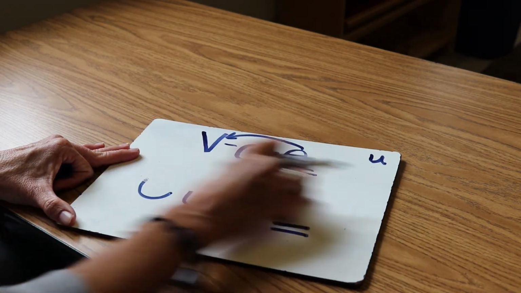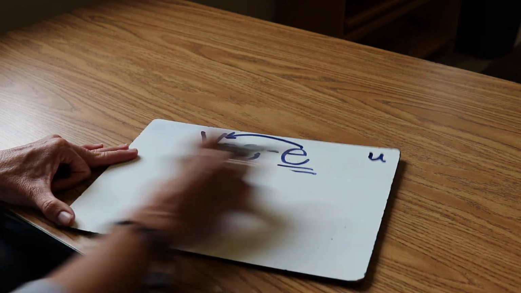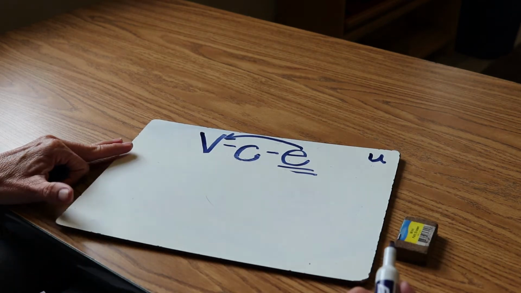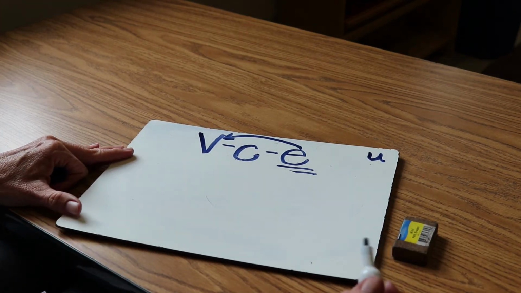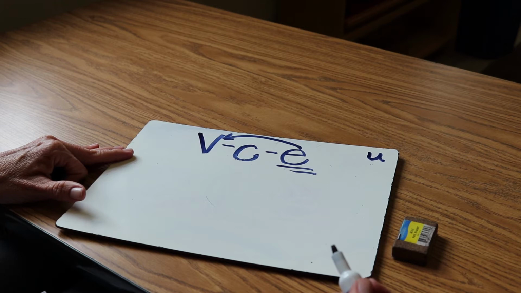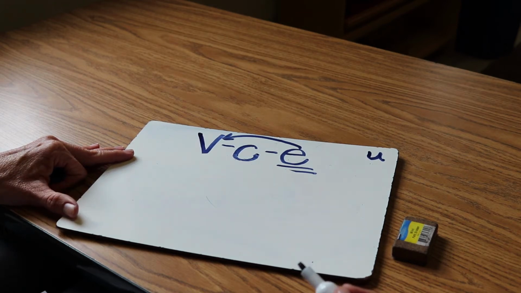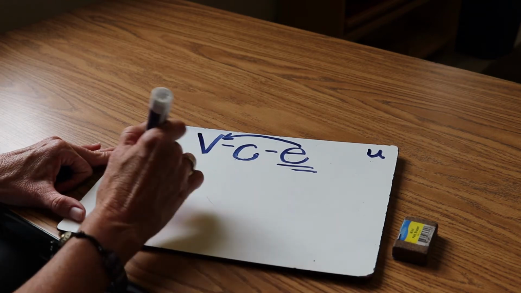All right, let's try another one. Let's try to write the word mute. That means no sound when we're doing a Zoom conference. So if we want to spell the word mute, think about the beginning sound. What do we hear?